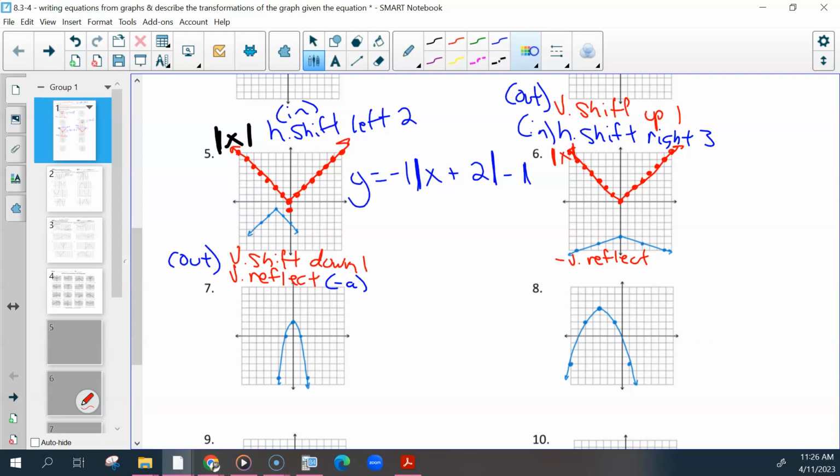What else changed? Okay. It is vertical compression because it got wider. But this here you're really just counting the slope. So you can count between any set of 2 points on either side. Here I'm going down 1 to the right 3 or up 1 to the left 3. So the negative in there is really because of the reflection. But it would be 1/3.